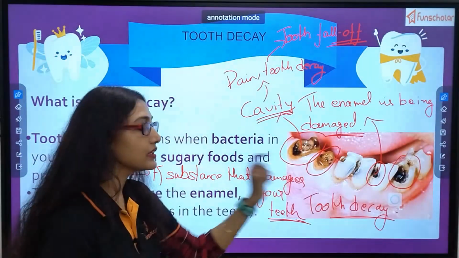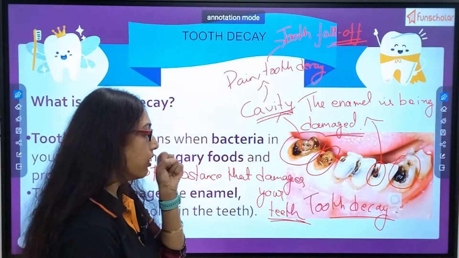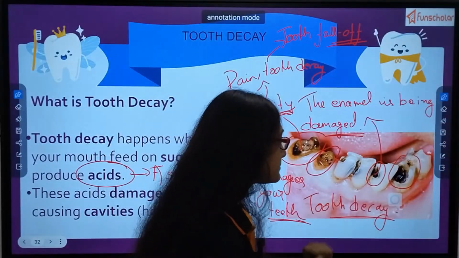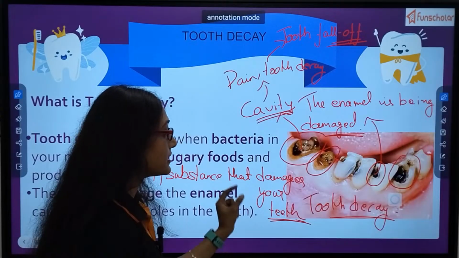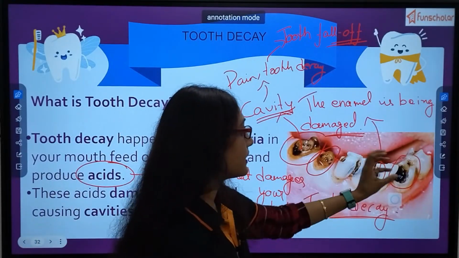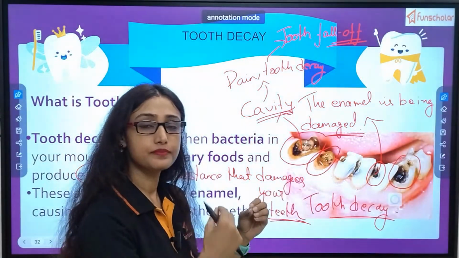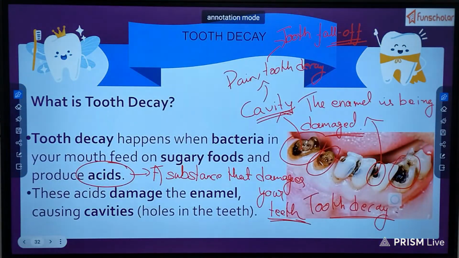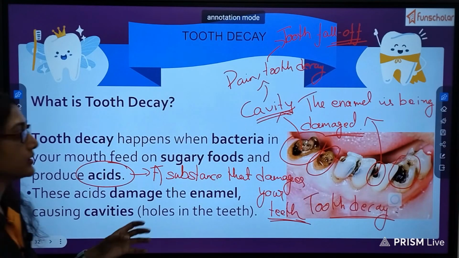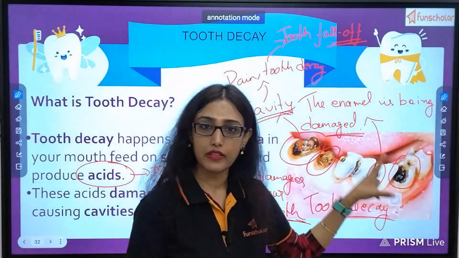The enamel, or the protective layer, will be damaged. And once the protective layer is damaged, the inside of the tooth, the lower part, is made up of living cells.